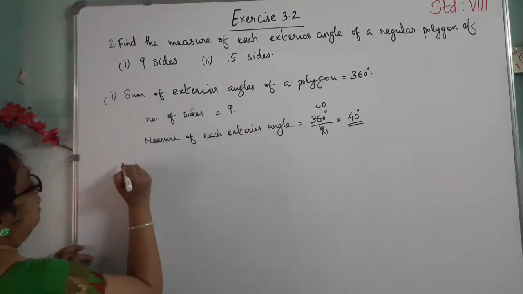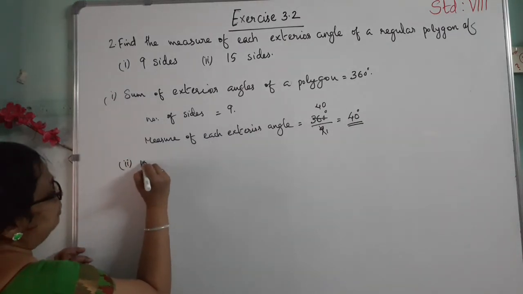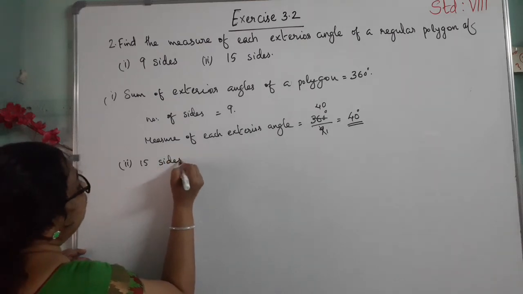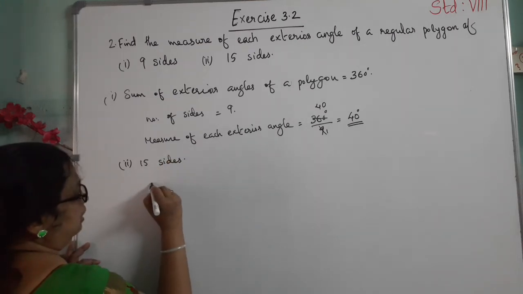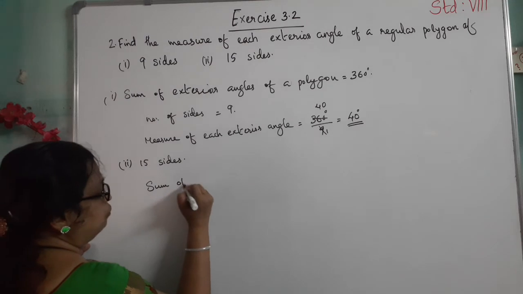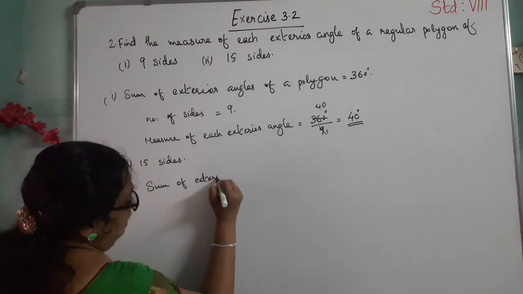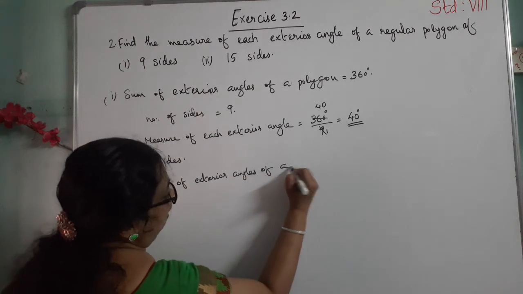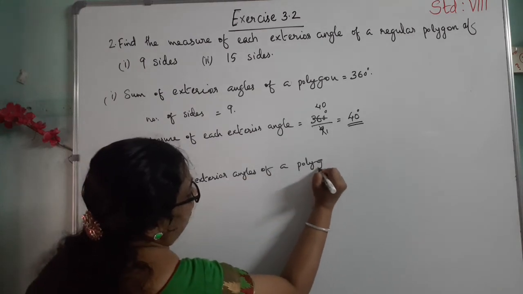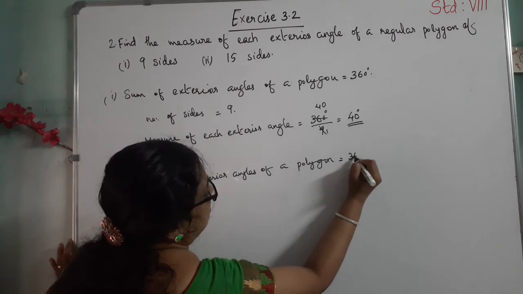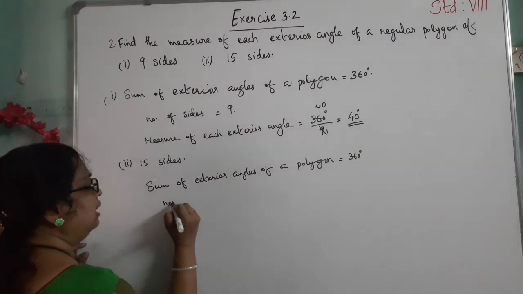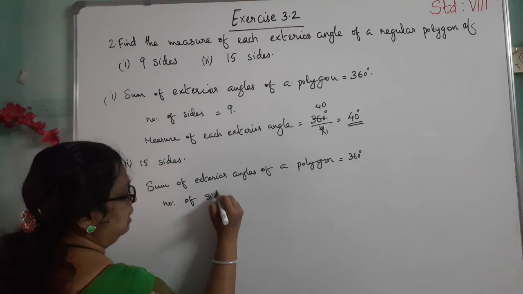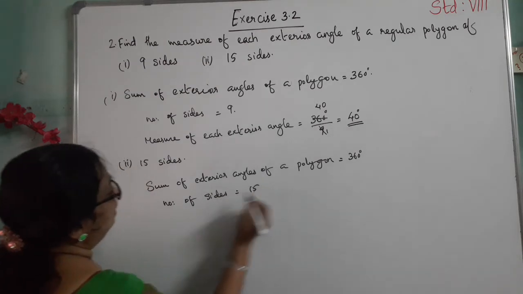This is one. Then second, 15 sides. Here also we know that the sum of exterior angles of a polygon is 360 degrees. Then the number of sides equals 15.